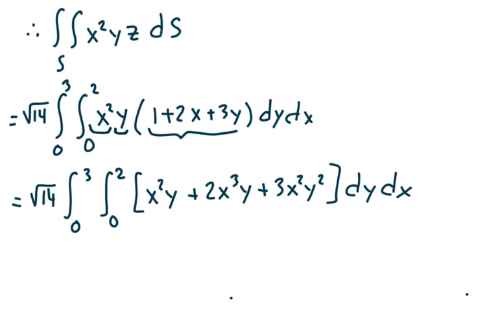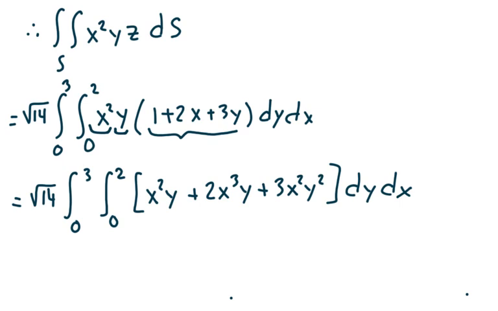And so this is square root of 14 times the integral from 0 to 3, and followed by the integral from 0 to 2 of x squared y plus 2x cubed y plus 3x squared y squared dy dx.